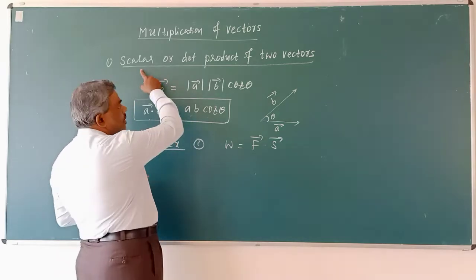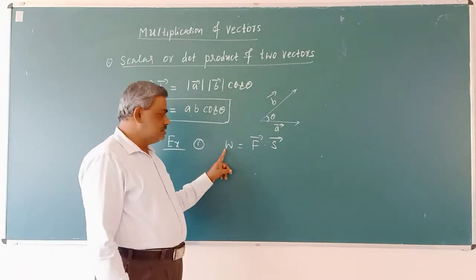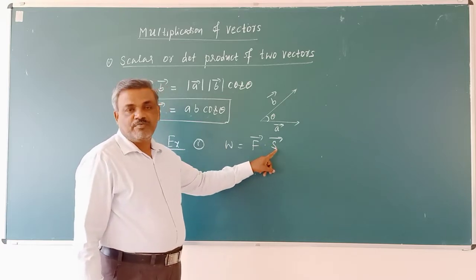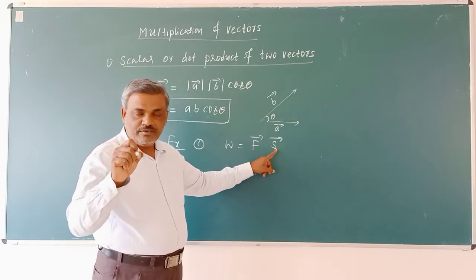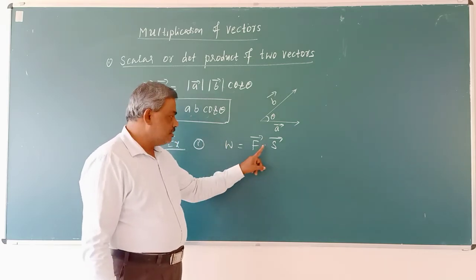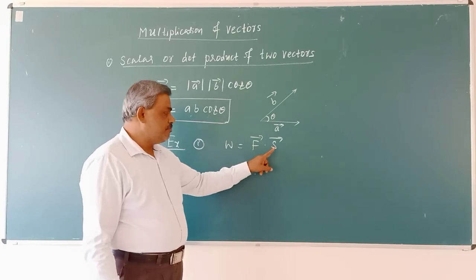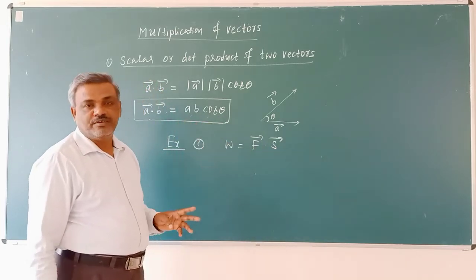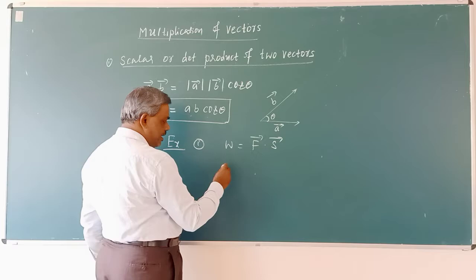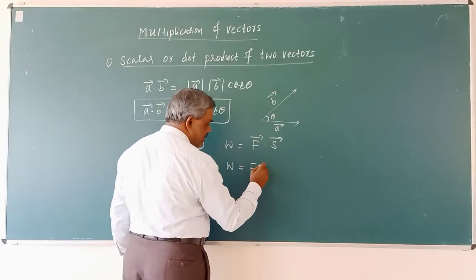So in the scalar or dot product of two vectors, work done equals force into displacement. Work done is defined as the product of the component of the force and the magnitude of the displacement, and this equation is written as W equals Fs cos theta.